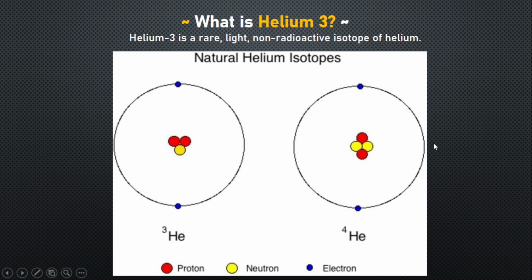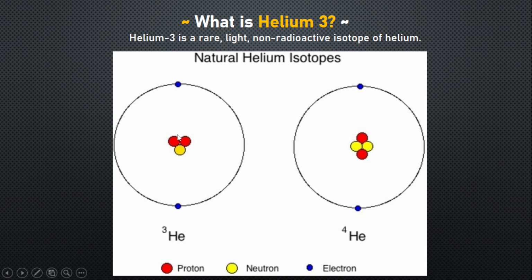It has a twin. The normal helium we know has two protons and two neutrons. That is helium-4, the normal helium we know.